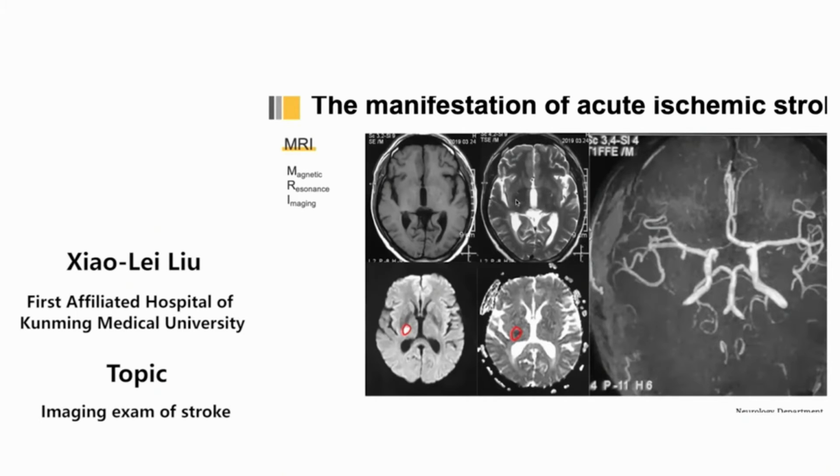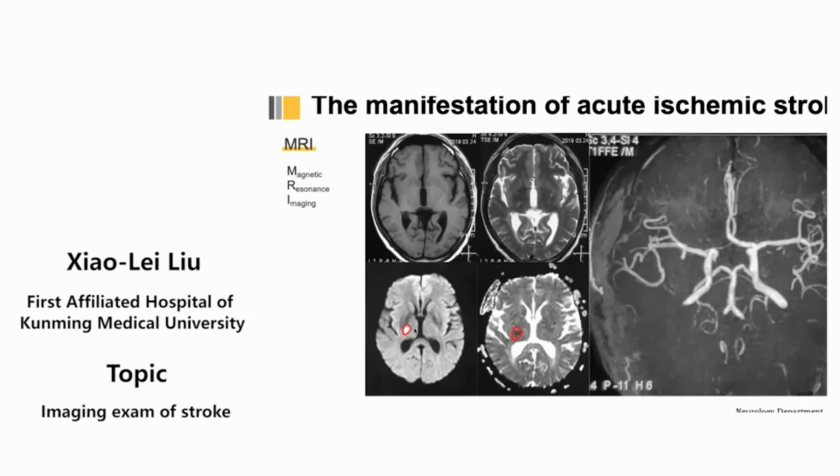But the most important trait is a high signal in diffusion weighted image and low signal on ADC at the same lesion, at the same part of the brain.